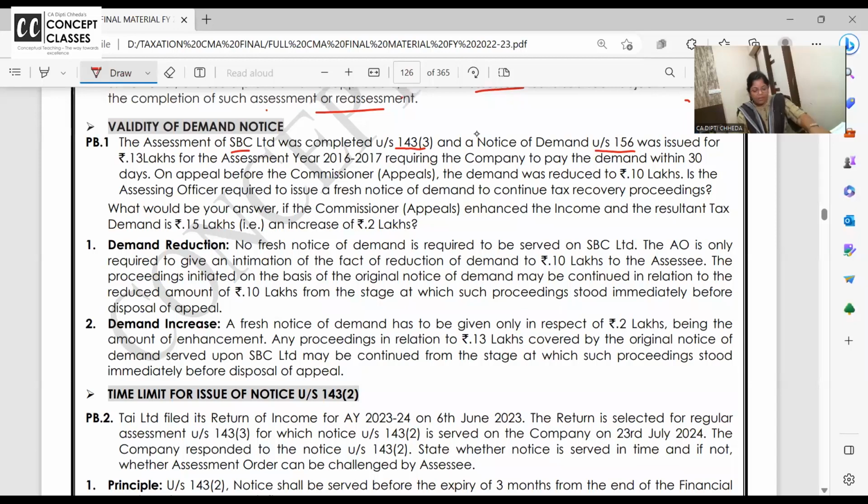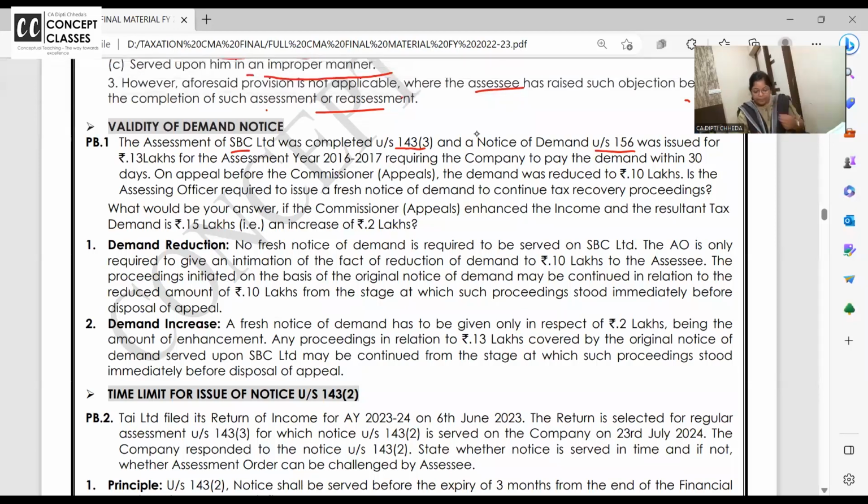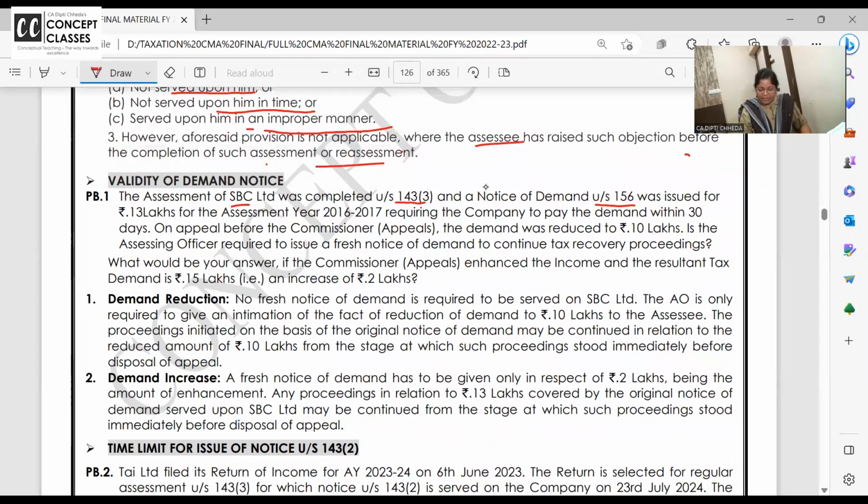Chalo. Now, suppose assessment is already completed in 143.3. Notice of demand was issued for 13 lakh, requiring the company to pay the tax. On appeal before Commissioner Appeals, the demand was reduced to 10 lakhs. Is the AO required to issue a fresh notice of demand?